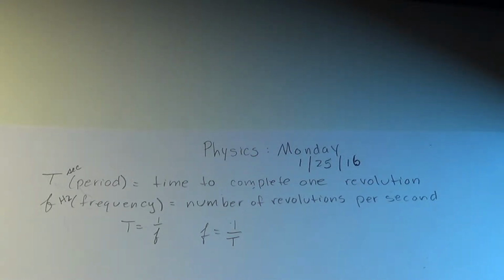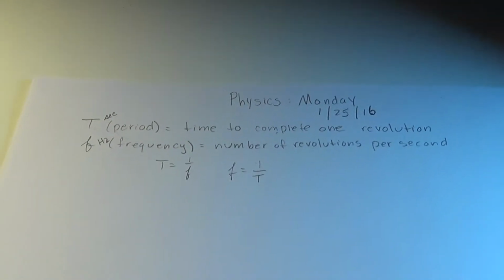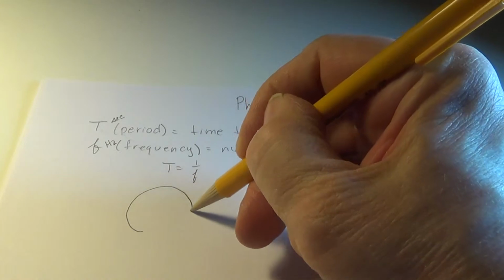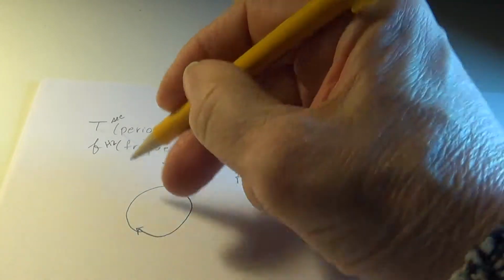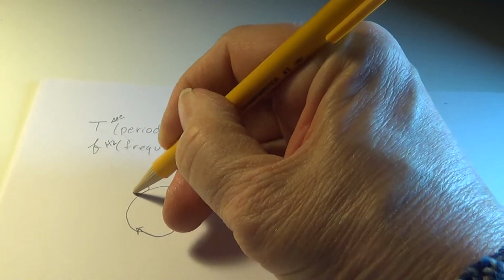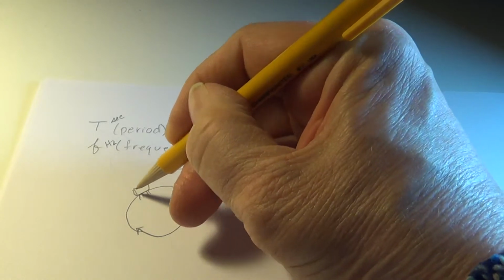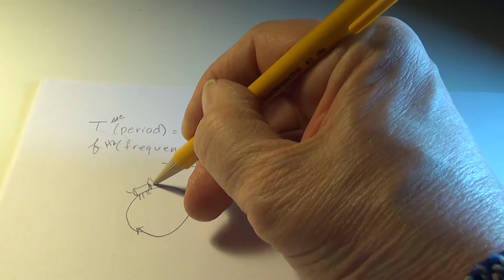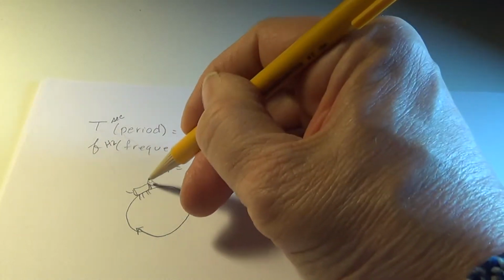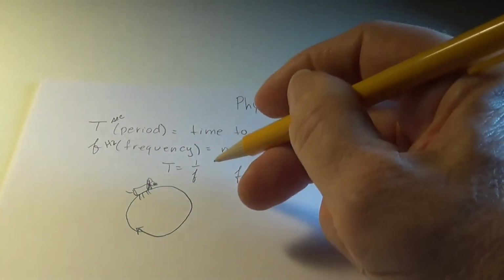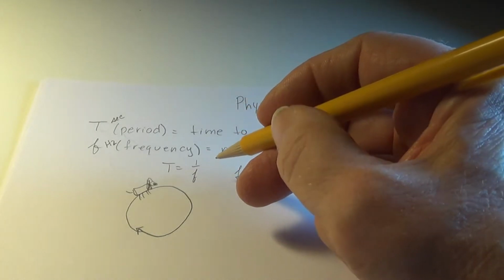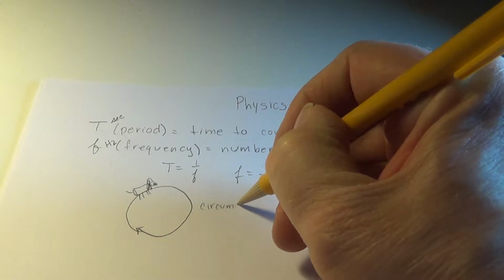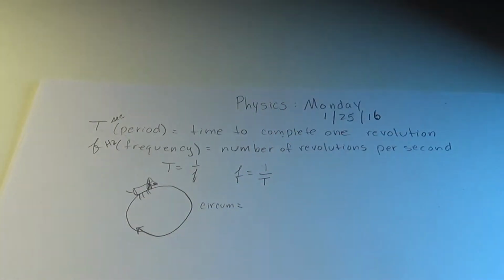So let's do a problem so we can see how all this works mathematically. Let's say we have something running in a circle. Say a frantic dog. My frantic dog here is running in a circle. So the circumference of the circle is known.